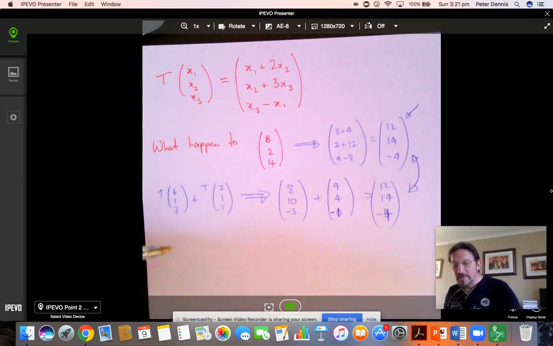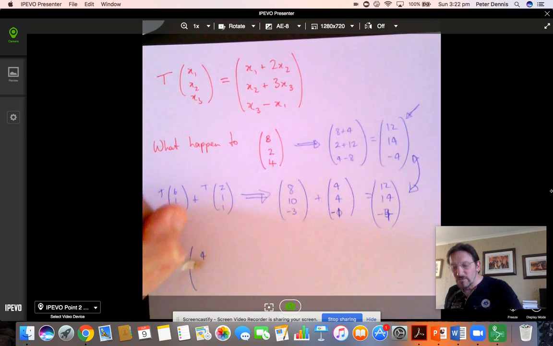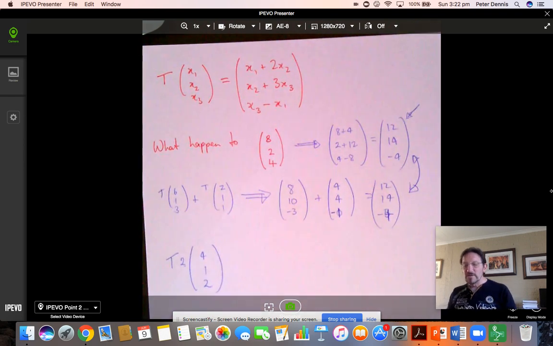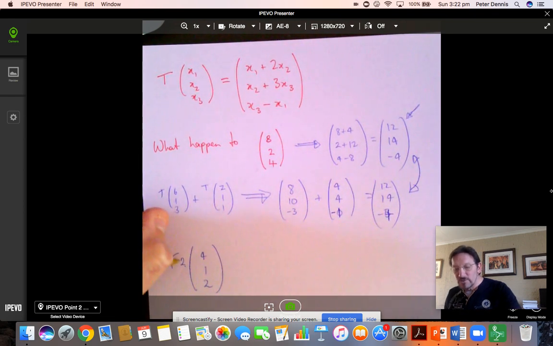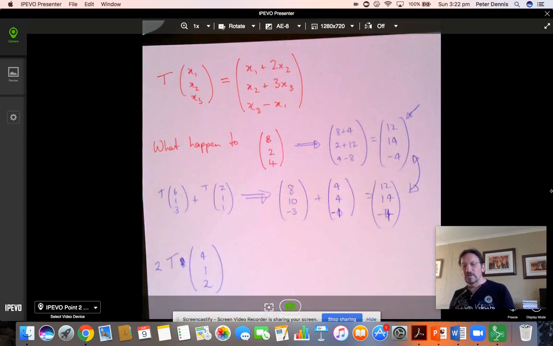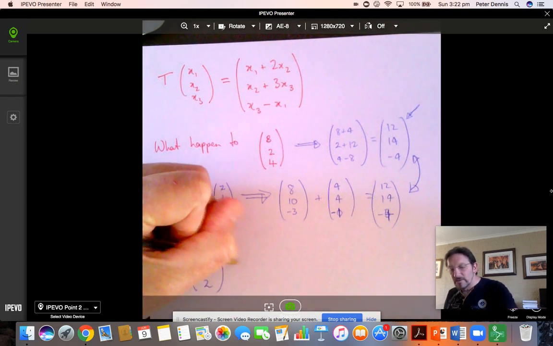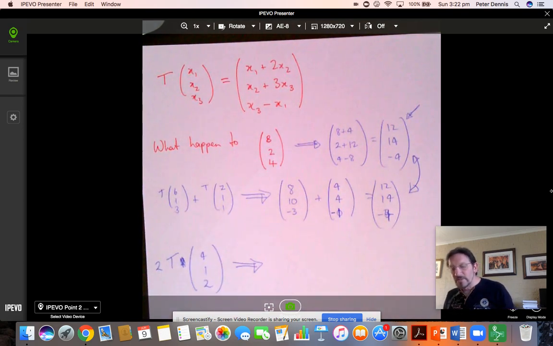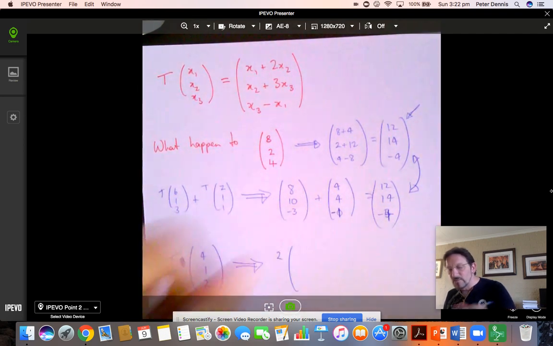The other thing to check is what happens to the transformation of 4, 1, 2, which is obviously 2 times that, or lambda times that. So if we take 2 times this transformation, which obviously gets us back to this, after the transformation we're going to multiply it by 2. And what do we get?